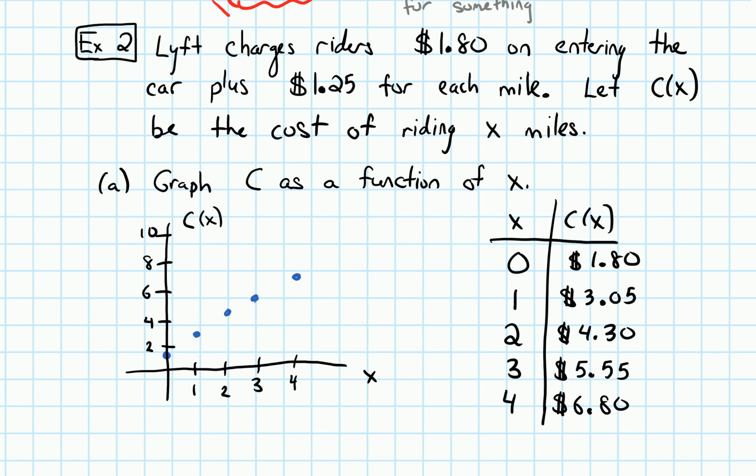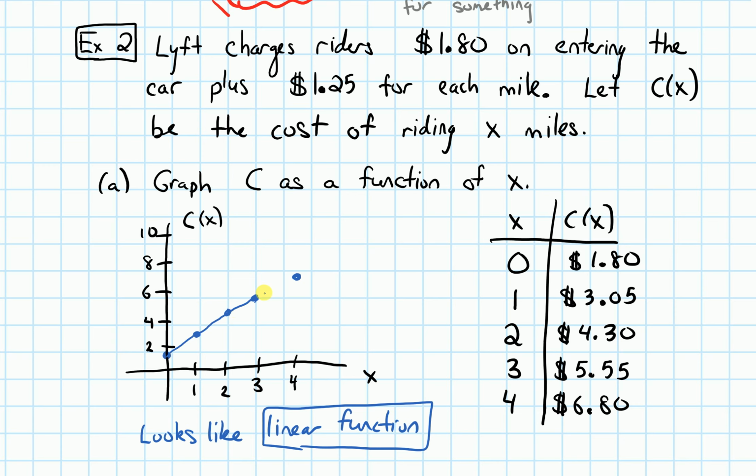If we were to connect these points, this looks like a line, or more technically, it looks like a linear function. In fact, let's go ahead and connect those points. If I do that, I get this hopefully straight line, assuming my drawing is reasonably okay.